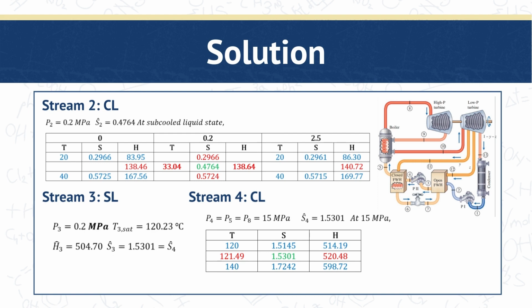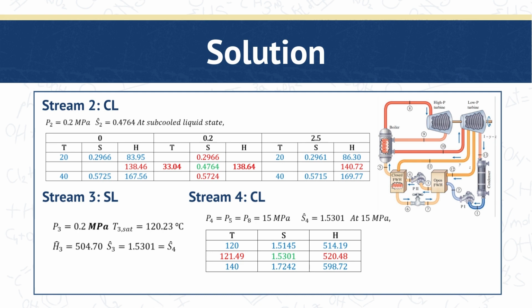So first, using the tie value of 0.4764, we can double interpolate, starting with 0.2 as the tie value to get the entropies basing on the endpoints of 0 and 2.5 megapascals. Then we can obtain the values for the specific entropy at 0.2 megapascals.